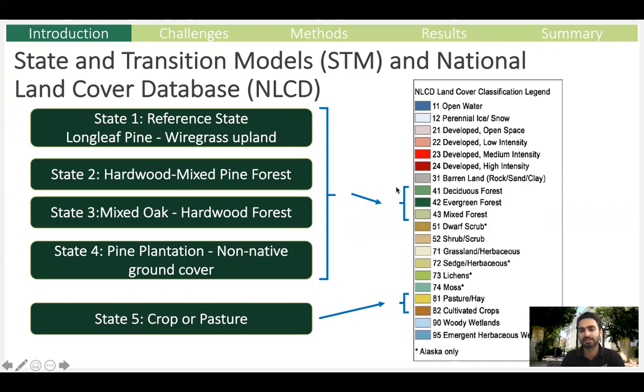The National Land Cover Database is a 30-meter land cover database which is released every 5 years from 2001 to 2016, and these classes in the land cover can be used to represent the states of the state and transition model spatially. The first four classes here are types of forest, with three classes in the land cover legend: deciduous, evergreen, and mixed. Crop and pasture can also be represented by pasture or cultivated crops.